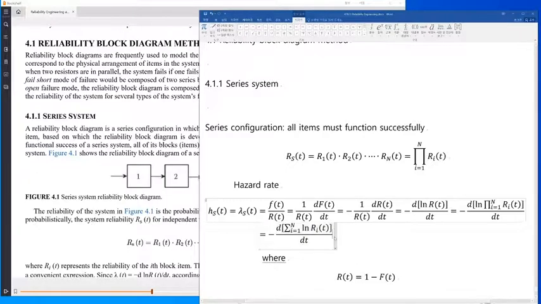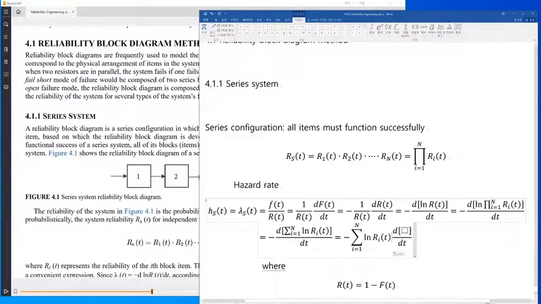Of course, I'm going to take the sigma here, so it will be the same with this. And each one, d log R_i(t)/dt, will be the hazard rate of the individual component.